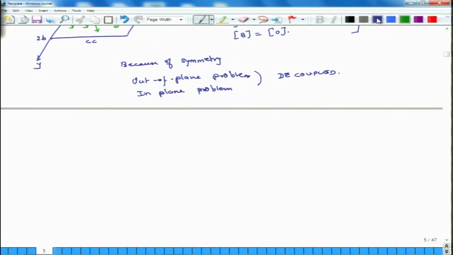So, the out of plane problem's governing differential equation is del 2 Mx over del x square plus del 2 My over del y square plus 2 del 2 Mxy over del x del y equals minus q(x,y).